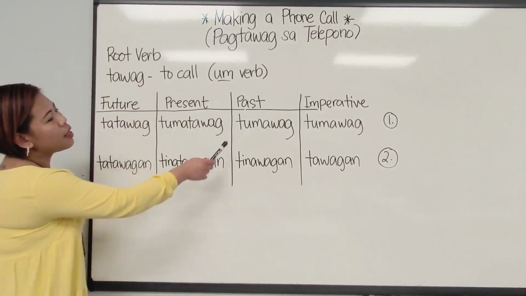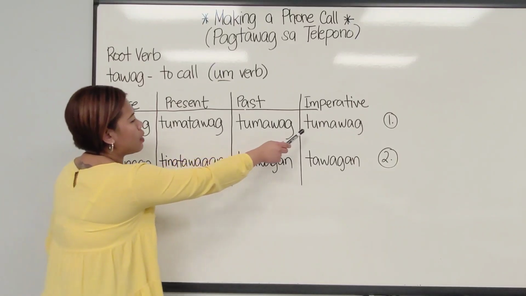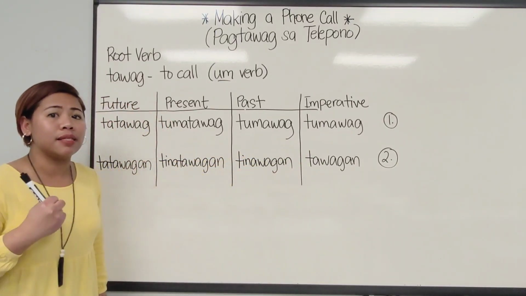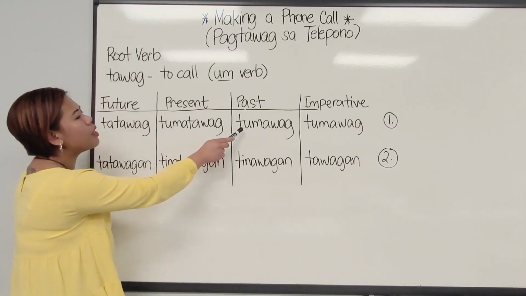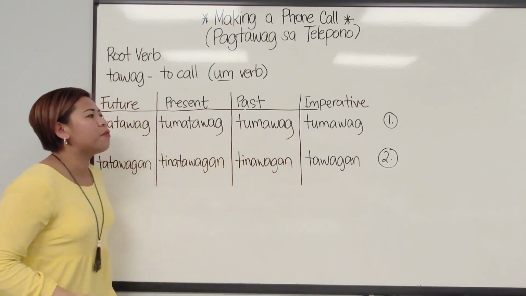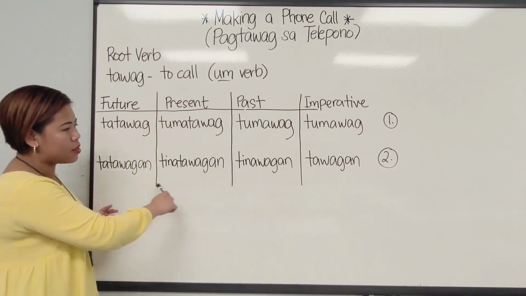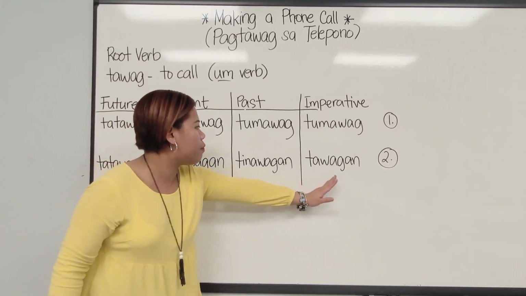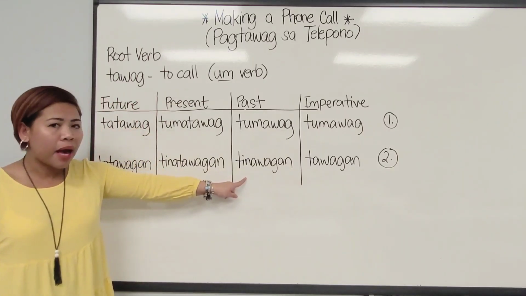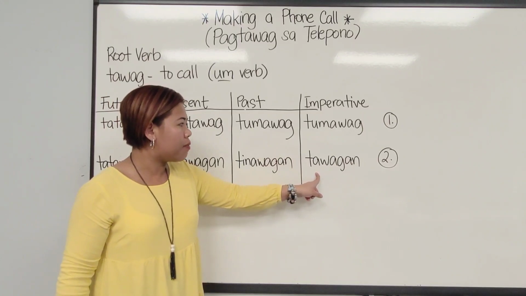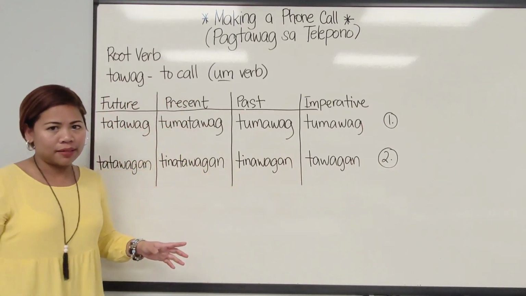So if you notice, when the focus of the sentence is the subject or the doer of the action, the past tense and the imperative forms of the verbs are the same, while here the imperative form is not the same as the past form of the verb. So from tinawagan, past, in the imperative form, we would say tawagan.